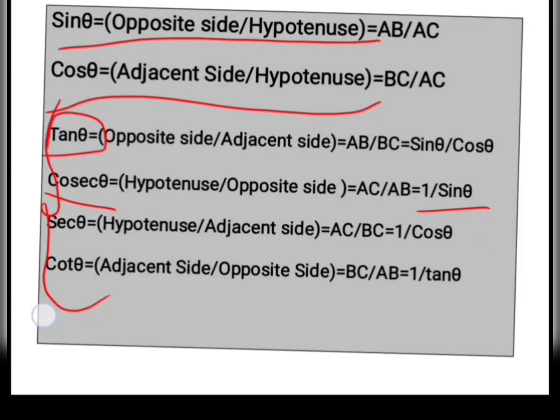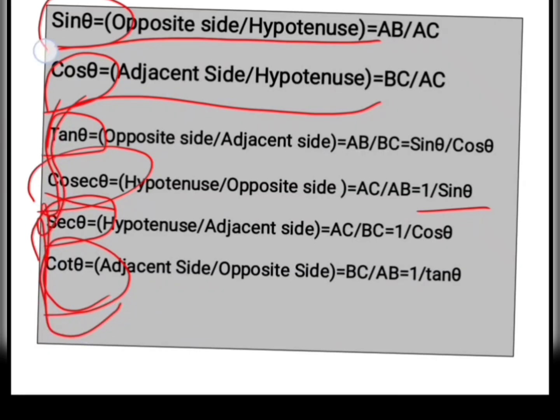Tan theta is sin theta by cos theta. If you find tan theta, the inverse of tan theta is cot theta. And the inverse of sin theta is cosec theta. The inverse of cos theta is sec theta. So you can easily derive other functions when you know sin theta and cos theta.